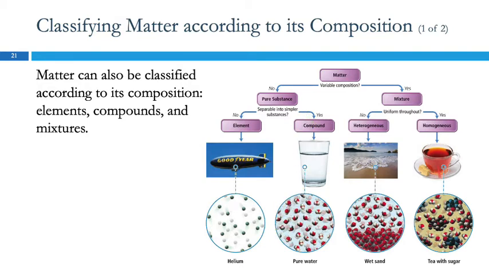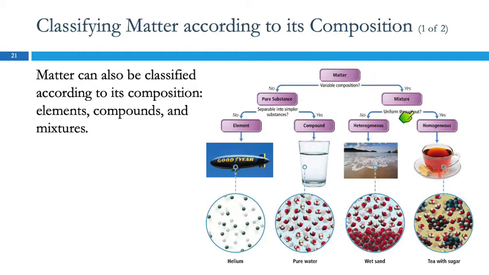Yes, we can take these molecules and break them apart. It can be as simple as putting a 9-volt battery in the water. The electricity will cause the oxygen and the hydrogen to come apart. And you'll see little bubbles, right? So we can break it down into simpler substances, hydrogen and oxygen. So that's the basis of the difference between an element and a compound.